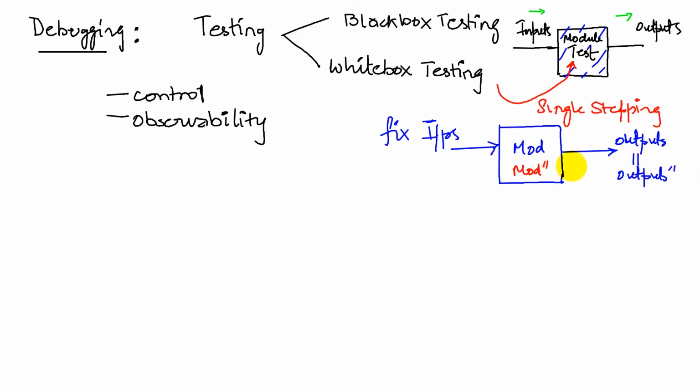Just because there is a change in the software doesn't mean that the outputs will change, because the behavior of the system is based on, for a given input, there is an expected output. But what if they don't match? So what if these are not equal? Then we know that since we've controlled the inputs, the culprit is the modified code. So we can point to the modified code. So by doing that, we are able to isolate the error to the modification done in the software. So that's what control is all about.